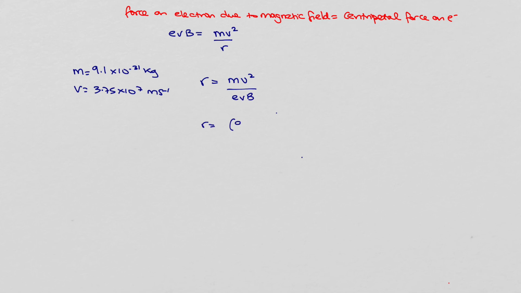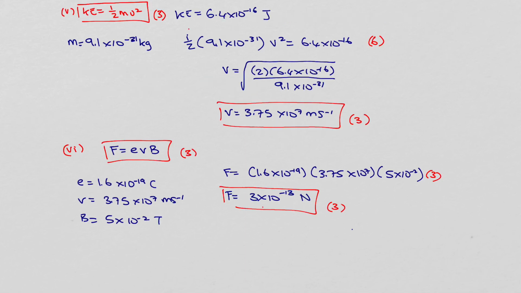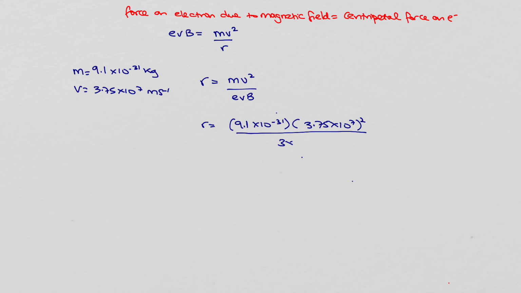So the mass is 9.1 by 10 to the power of minus 31 times the velocity squared, so 3.75 by 10 to the power of 7 squared, divided by EVB. So our EVB was our force on the electron in the magnetic field, so 3 by 10 to the power of minus 13.